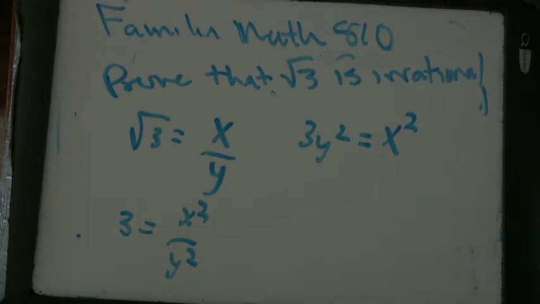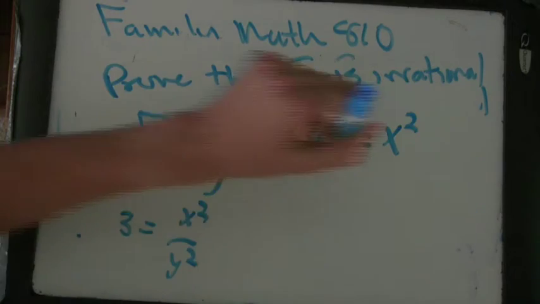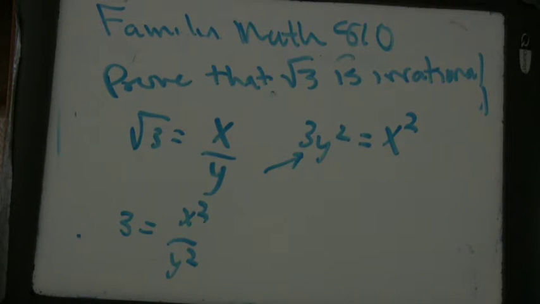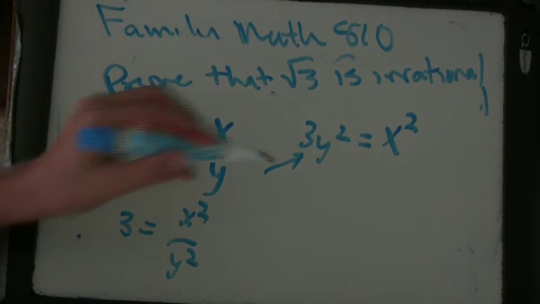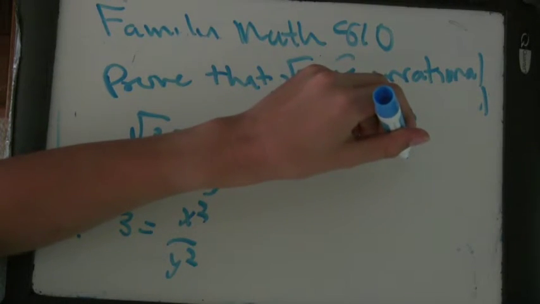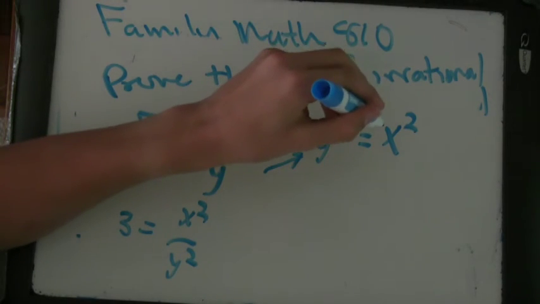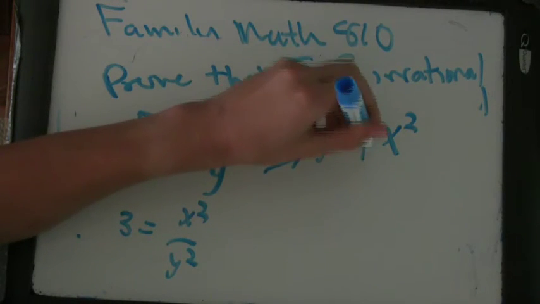So now, since this side is divisible by 3, you know that x squared is divisible by 3, and then by extension x is divisible by 3. But you know that there's going to be an odd number of 3's on this side, and an even number of 3's on this side. So this is impossible. So 3y squared cannot equal x squared.